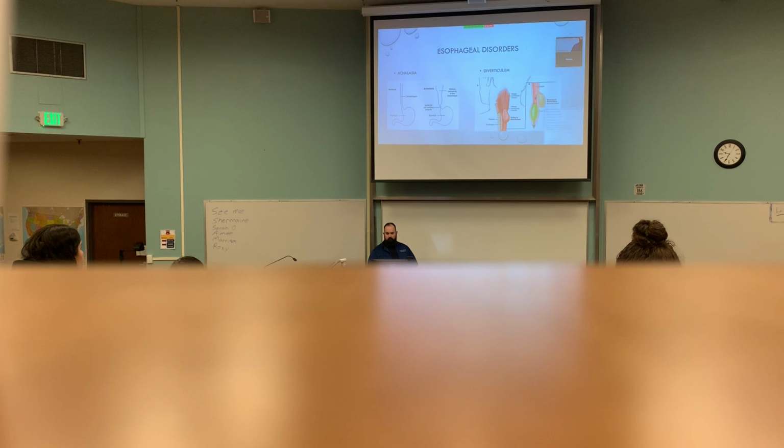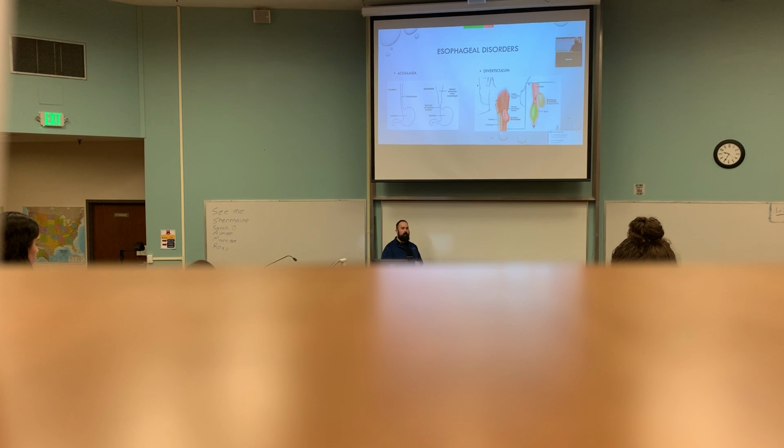And here you can see the diverticulum. We're talking specifically about the upper airway right now. You can have these diverticula that form in the upper GI, but also in the lower GI, right? So these diverticula can create a pocket. Typically when we think of diverticula, we often think of the lower gut.